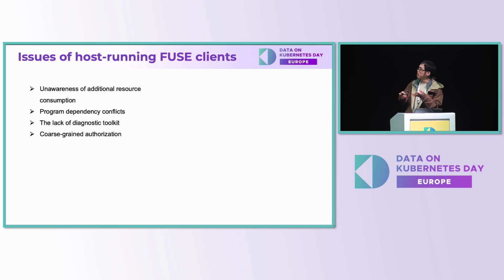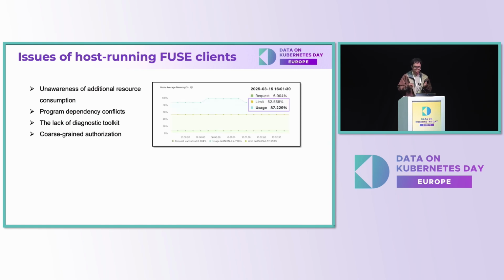But is that a good practice? Is that good enough for our AI platform? In our practice, it's good, but it can be better. We found many issues of this solution, and most of them come from the host running Fuse clients. Firstly, AI workloads put heavy pressure on Fuse clients.